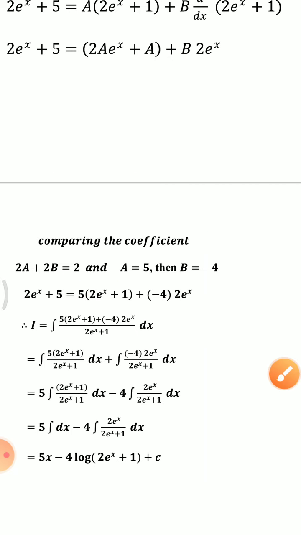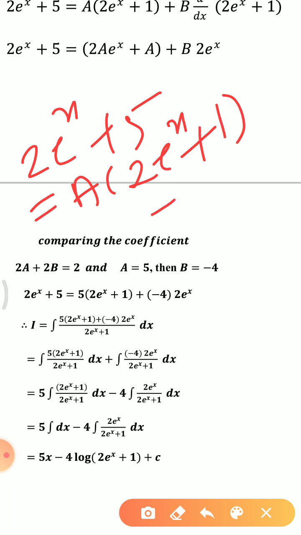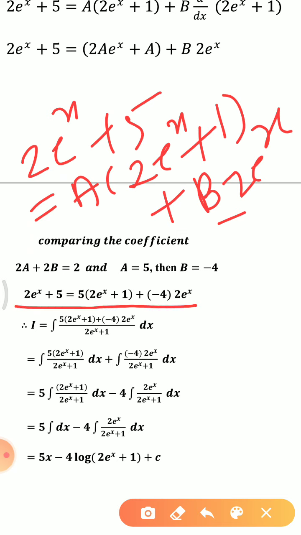2 e raised to x plus 5 is equal to a into 2 e raised to x plus 1 plus b into 2 e raised to x here. You have to substitute a and b here, that means 2 e raised to x plus 5 is equal to the value of a, 5, in bracket 2 e raised to x plus 1, plus the value of b, minus 4, into 2 e raised to x here.